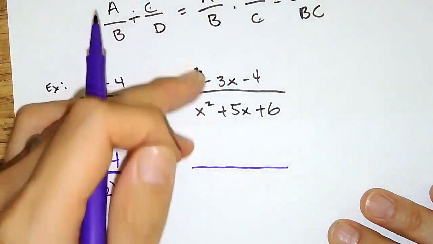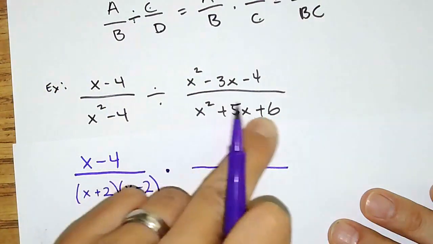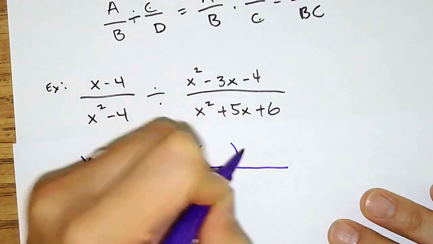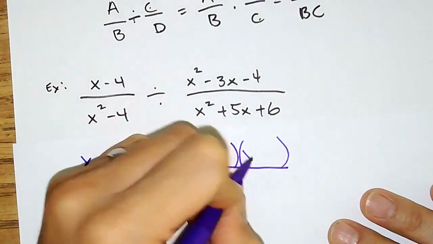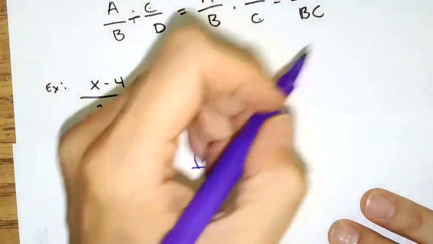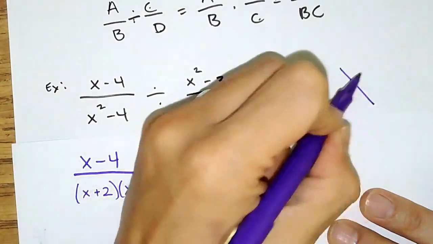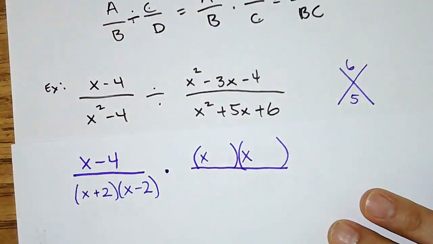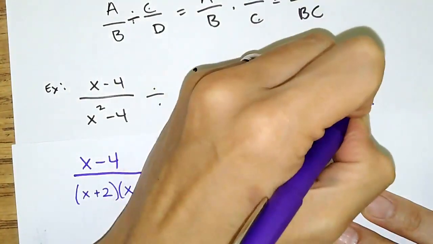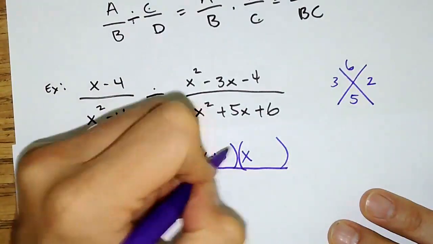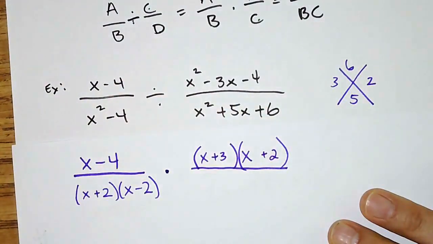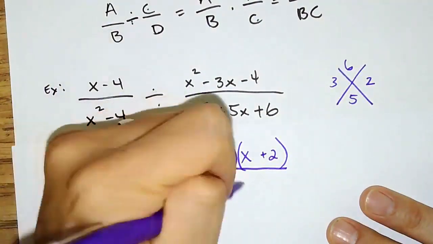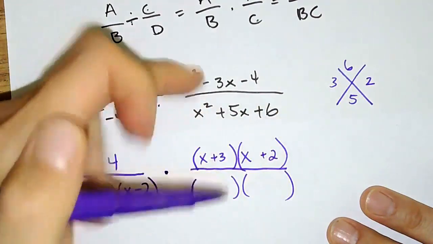And since I'm going to flip this, this here on my denominator becomes my numerator. So I'm going to factor it, or try to factor it. I think I did this before, right? Product of 6, sum of 5. So those two numbers are 3 and 2. So x plus 3, x plus 2. And then this becomes my denominator now because I flipped it.